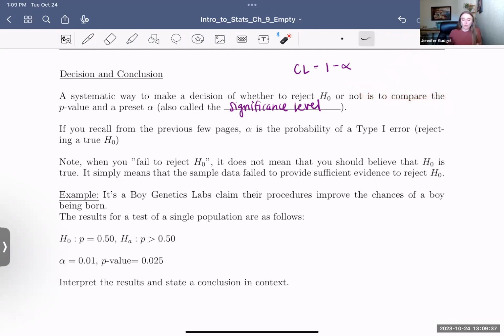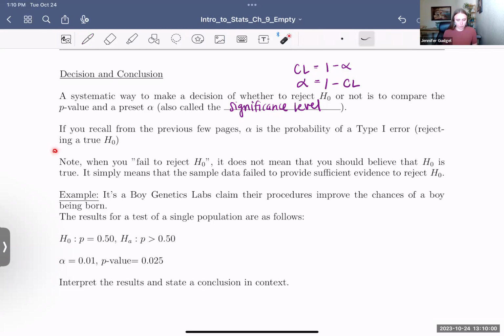It is that same alpha. So if you're running a 95% confidence level, that means you have a 5% level of significance. This relationship holds up where the confidence level and alpha are complements of each other. Together, they add up to 1 or 100%.